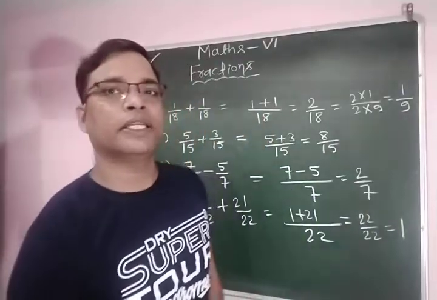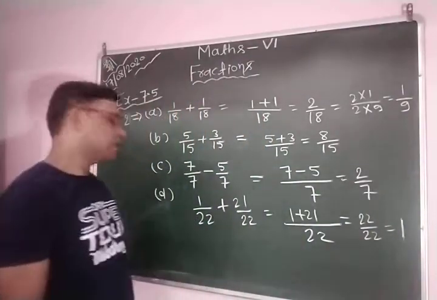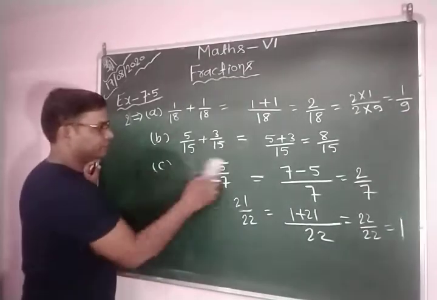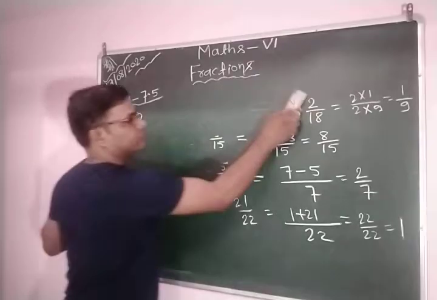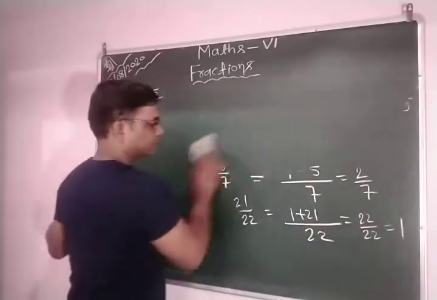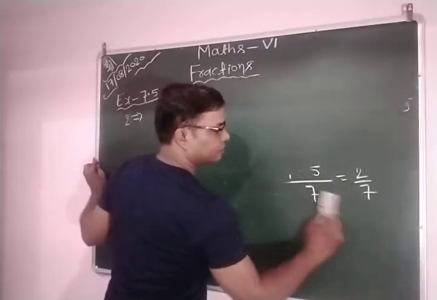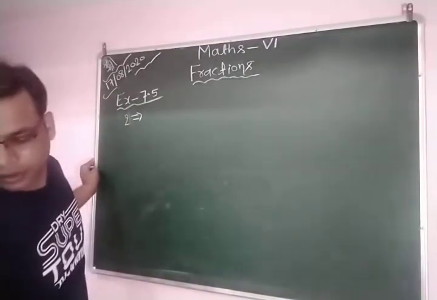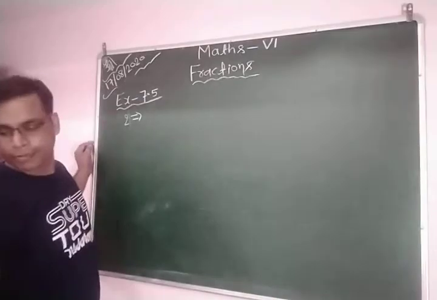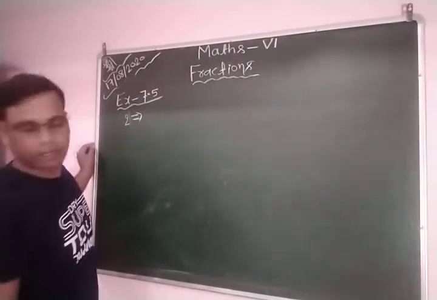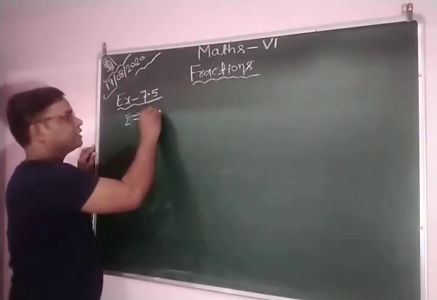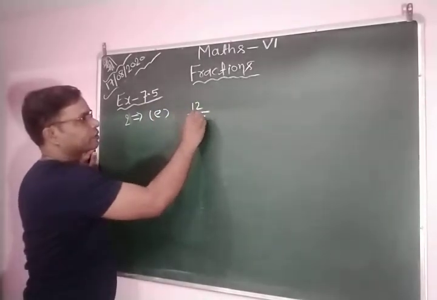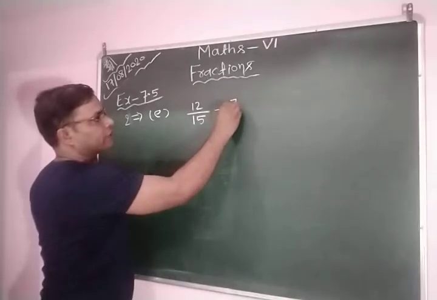So let's see the next part, E part of this question number 2. 12 by 15 minus 7 by 15. E part is the same: 12 by 15 minus 7 by 15.